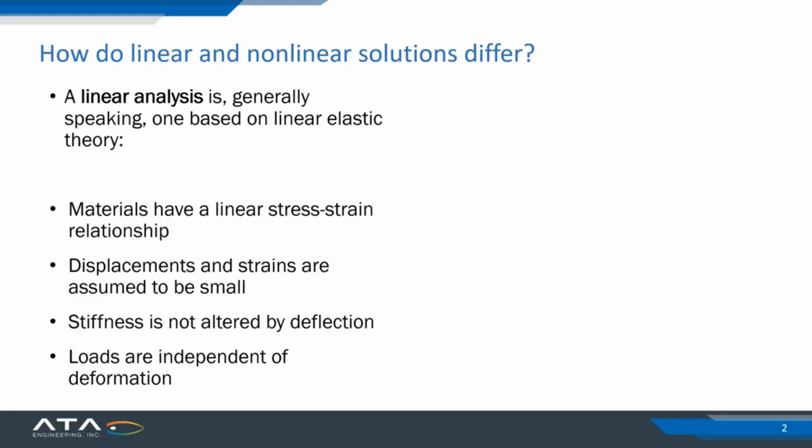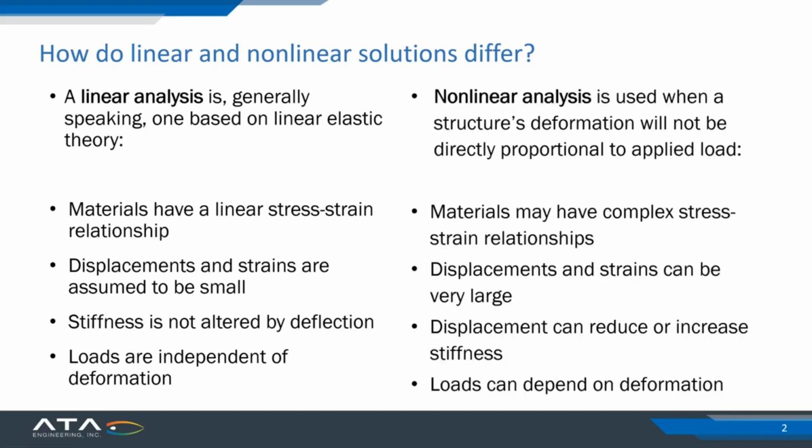Your stiffness is not altered by any deflections, and your loads are independent of your deformation. Nonlinear is basically the opposite of all of those. You can have complex stress-strain relationships. You can have large displacements or strains. You can have your displacement reduce or increase your stiffness, and your loads can depend on your deformation.